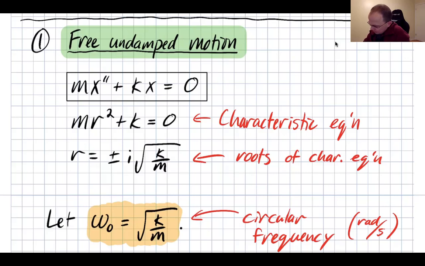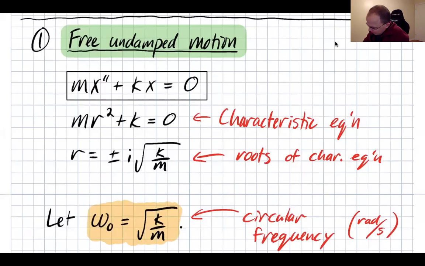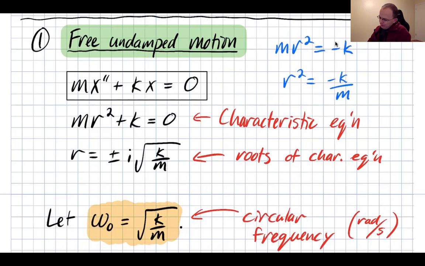So, solving that equation, the first step would be r squared is negative k divided by m. So I think that's pretty easy to see. And then we would take the square root of both sides. So maybe I'll just do it in a couple steps here, so it's perfectly clear. So move the k over, then divide by m, and then take the square root of both sides.